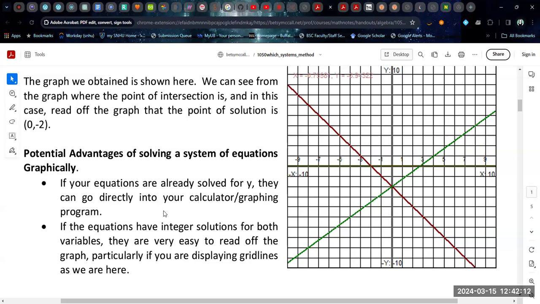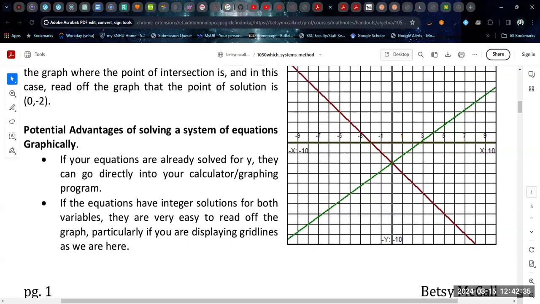Now, potential advantages of solving a system by graphing would be that if the equations are already solved for y, they can go directly into your calculator. If the equations have integer solutions for both variables, then they may be particularly easy to read off the graph, particularly if you have grid lines on the graphing program that you're using.